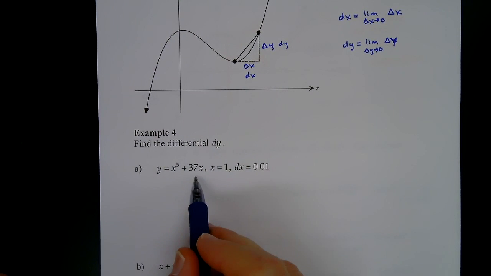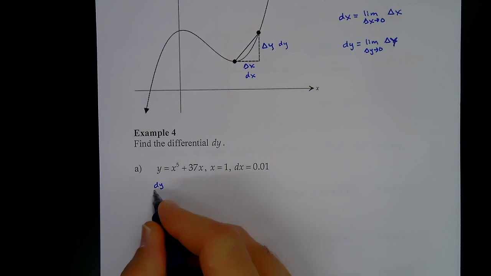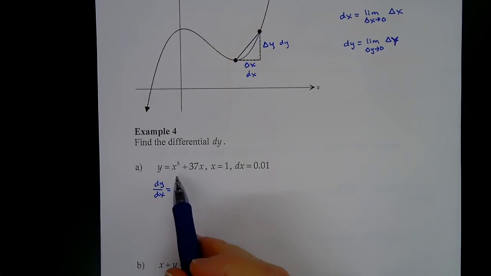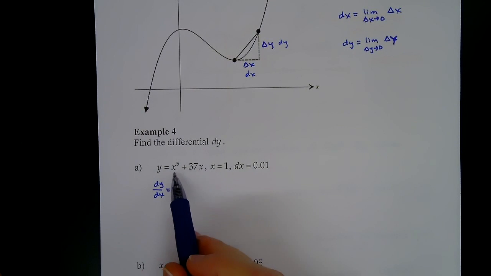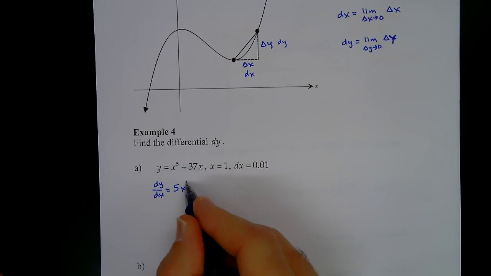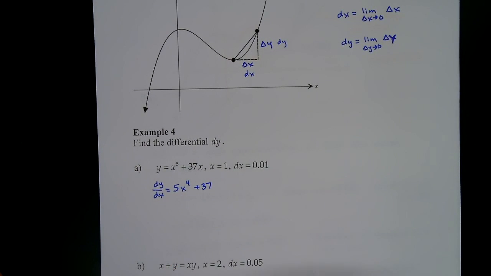What we're going to do is find dy over dx. So dy over dx would be 5x to the 4th plus 37. That's all it would be. Now, how do you find this dy?